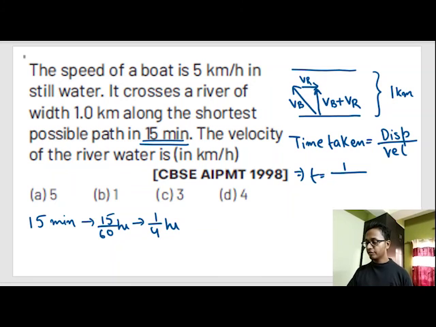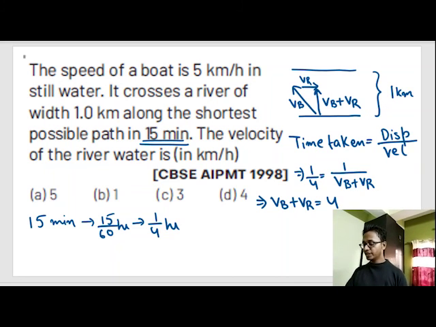Velocity is VB plus VR, so 1 by VB plus VR. Now the time taken T here is given as 1 by 4 hour. That means I can replace this T by 1 by 4, or I can simply say VB plus VR is equal to 4.